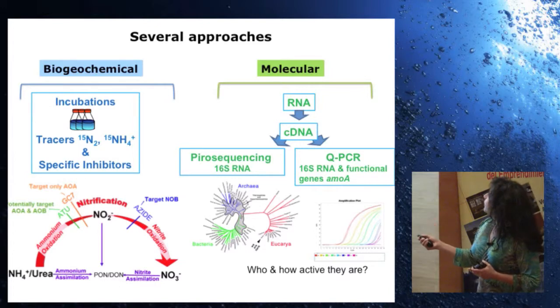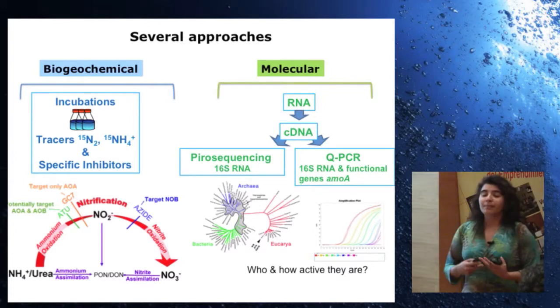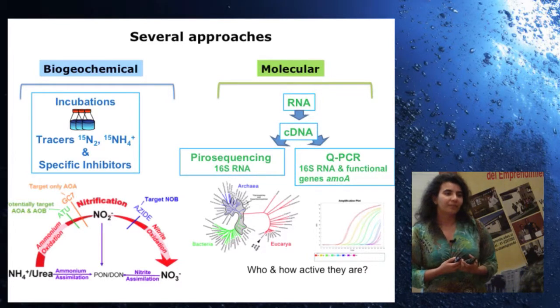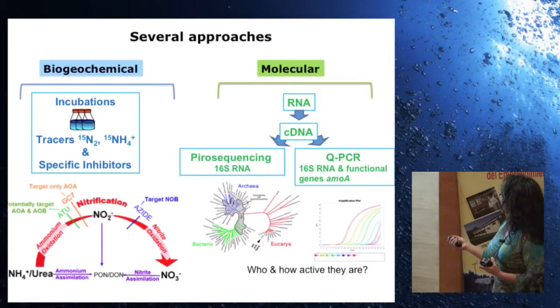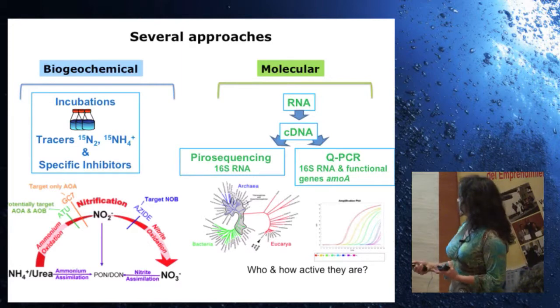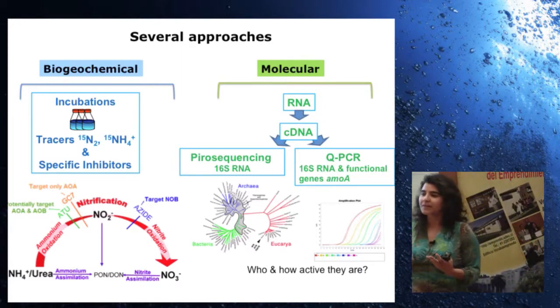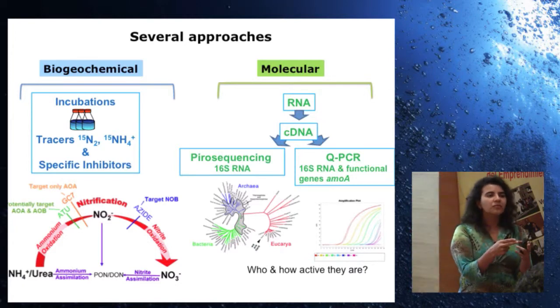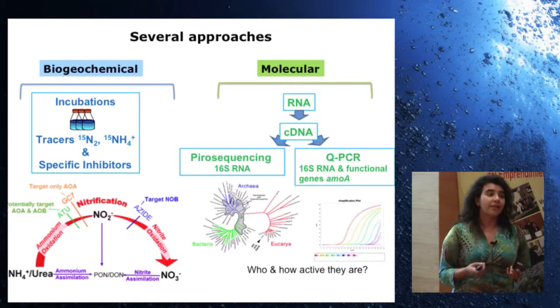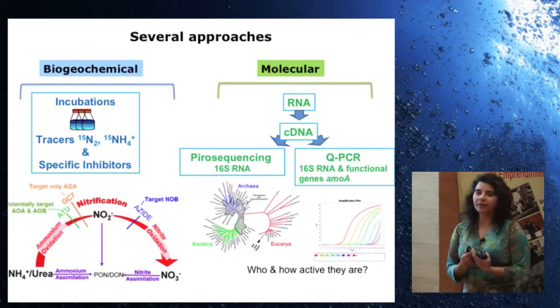And from the molecular point of view, including these massive sequencing strategies, and also evaluating how active they are, how they are contributing, using another approach, following mainly specific groups and genes by qPCR, which has been a very good tool.